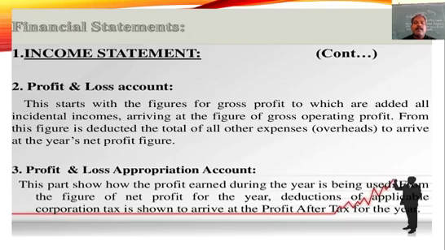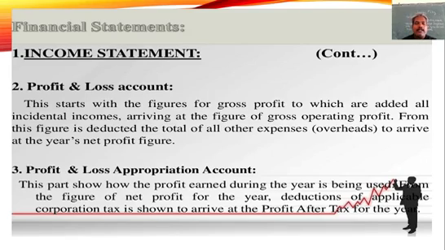Then the next category of the income statement is the profit and loss appropriation account. This part shows how the profit earned during the year is being used. From the figure of net profit for the year, the applicable corporation tax is deducted to arrive at the profit after tax for the year.